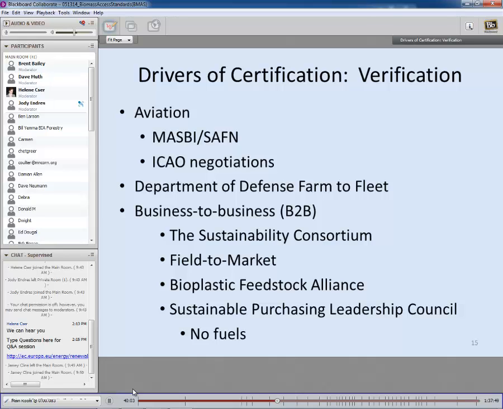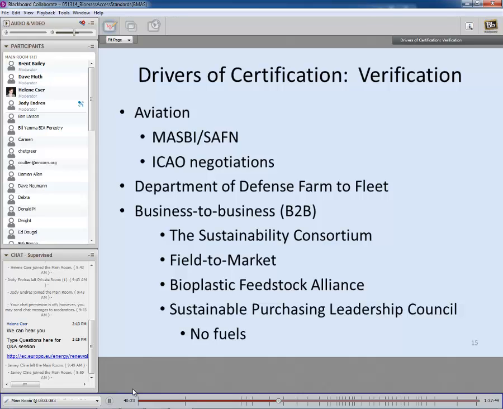There's the Field to Market Initiative, which has done some really nice mapping of indicators for U.S. agriculture and a tool that allows producers to gauge trade-offs in a spider-type diagram. They don't offer certification though.